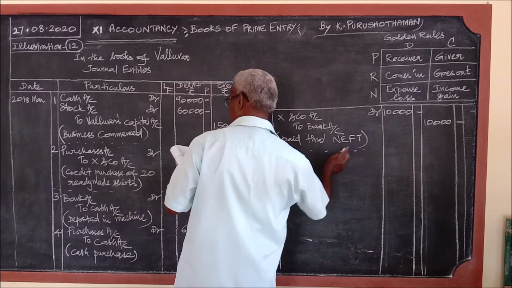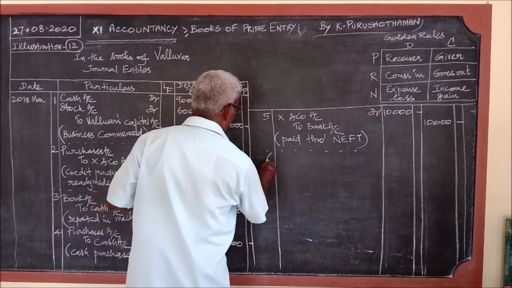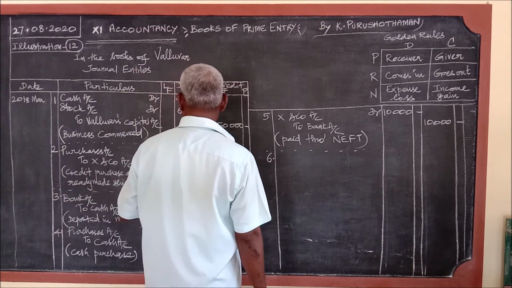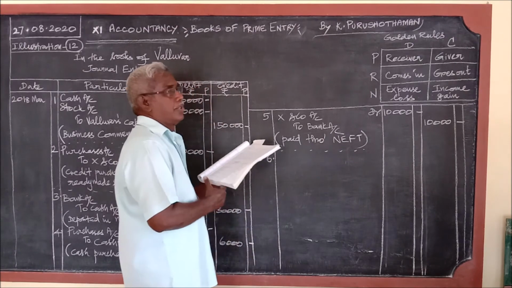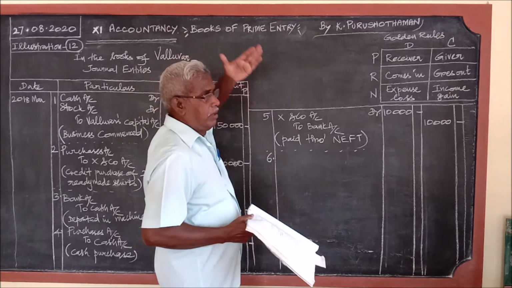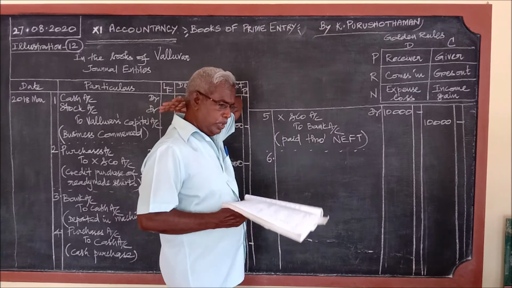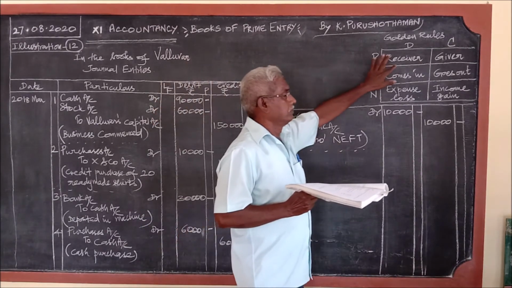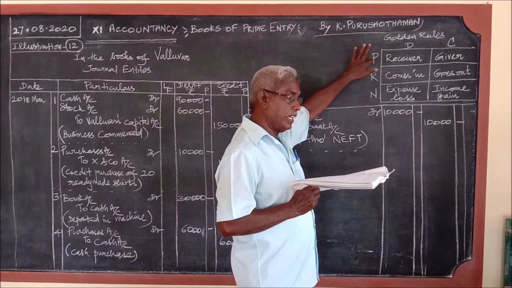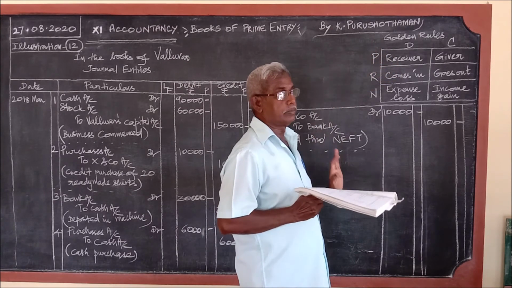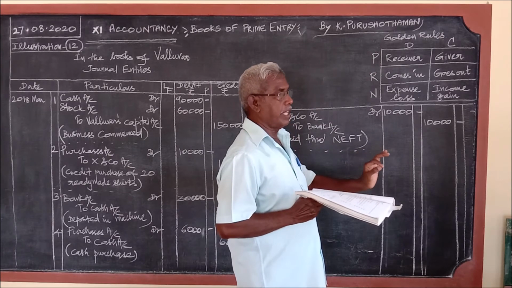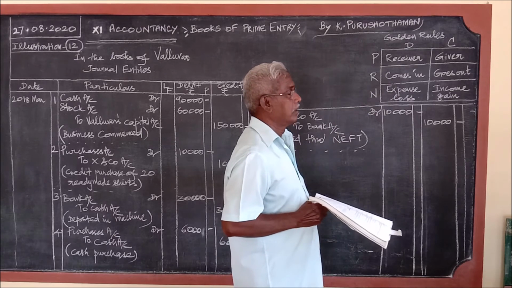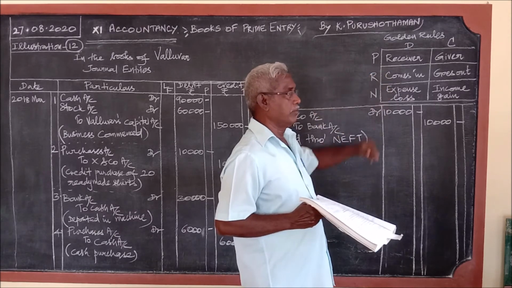Then, after fifth, the sixth: sold 5 sarees to A and Co on credit. That is, 5 sarees were sold to A and Co. See the debit rule: debit the receiver, debit what comes in.